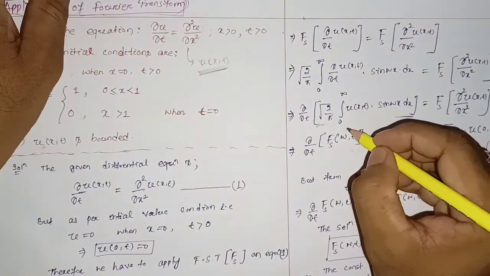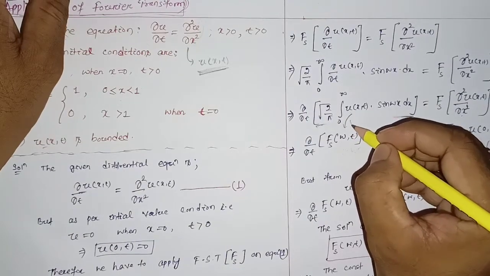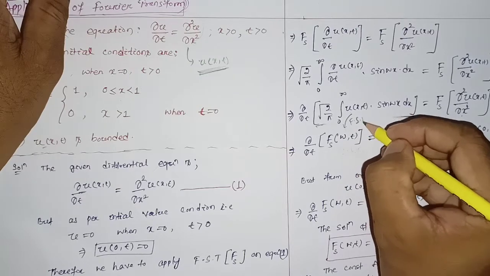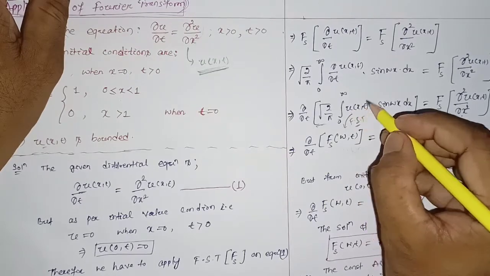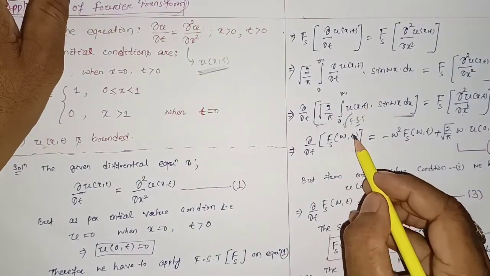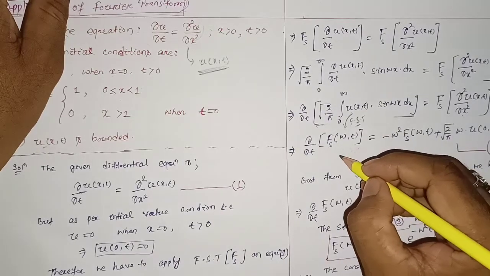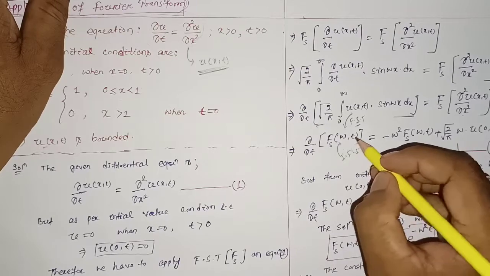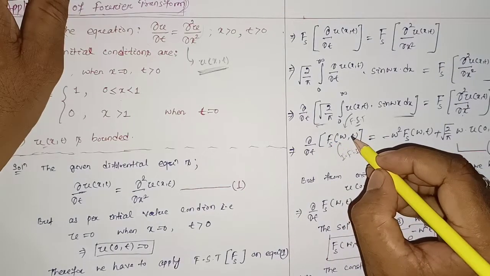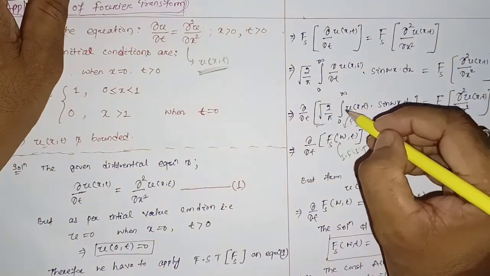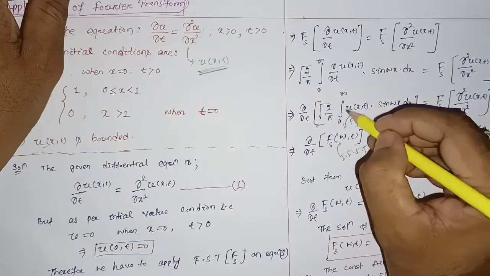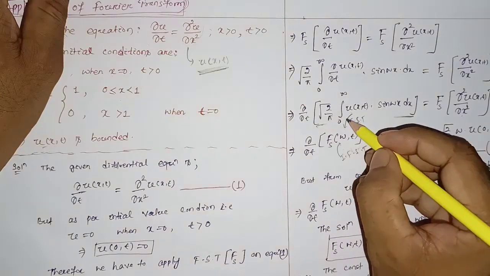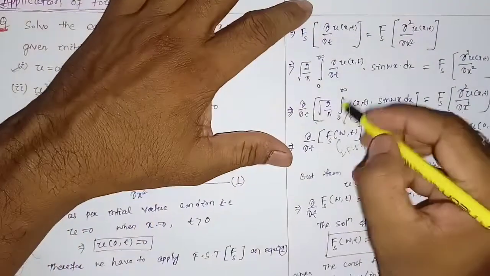Whenever we apply the Fourier sine transform over u(x,t), we found Fs(omega, t). So if I apply the inverse Fourier sine transform on this Fs(omega, t), obviously I will get the initial one, that is u(x,t). You got it?